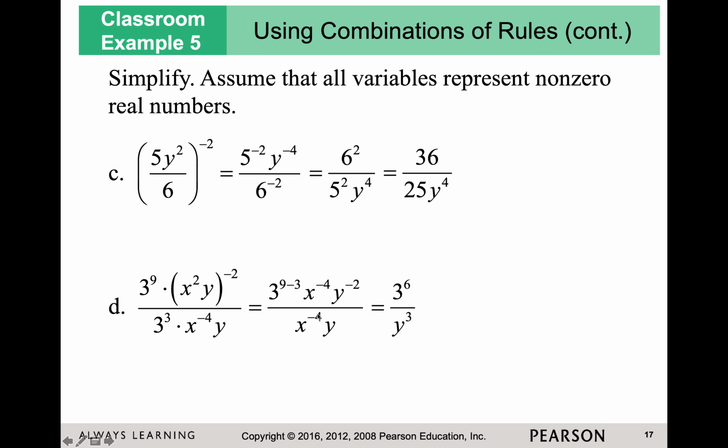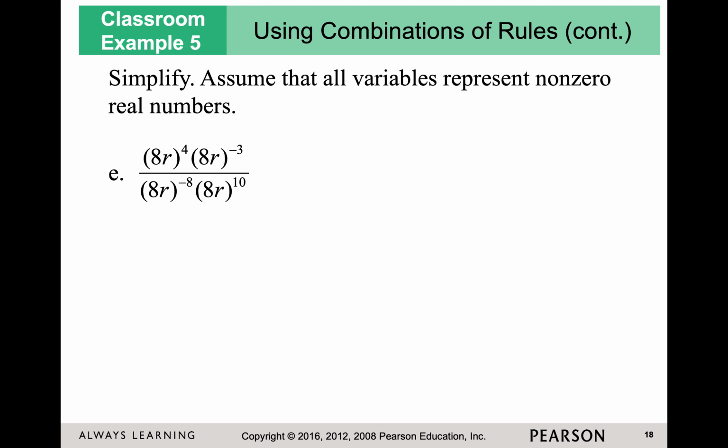Negative 4 minus negative 4 is 0. Anything to the 0 power is 1. That is why there is no x in this problem, because it becomes x to the 0. Negative 2 minus 1 is negative 3. Because it is negative, it's going to go and flip to the bottom. I'm going to use my calculator to figure out what 3 to the 6th power is.